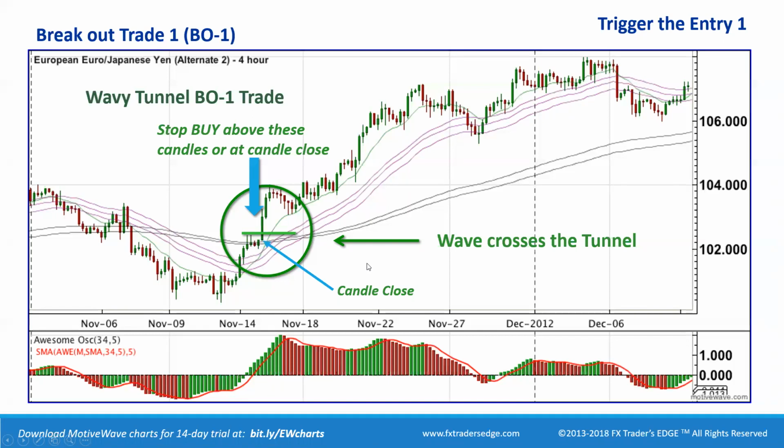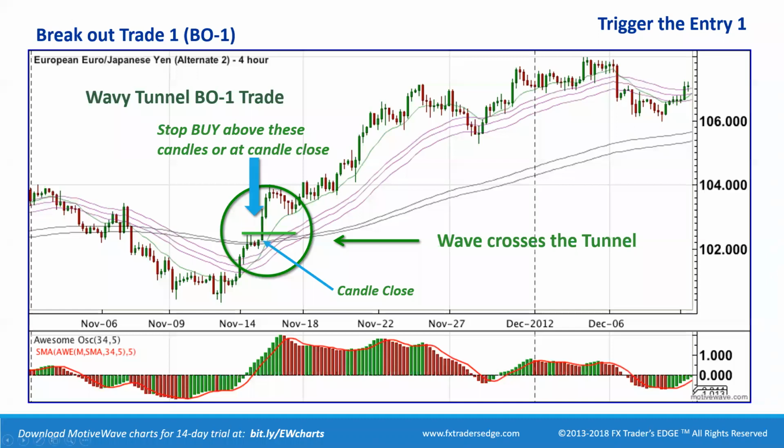When we use the scanner, the reason why we have the 5-minute down there is we have a confirmed entry when the wave completely crosses the tunnel. That's a nice early entry to get into the trend by looking at the breakout 1 on the smallest time frame on the scanner, the 5-minute.